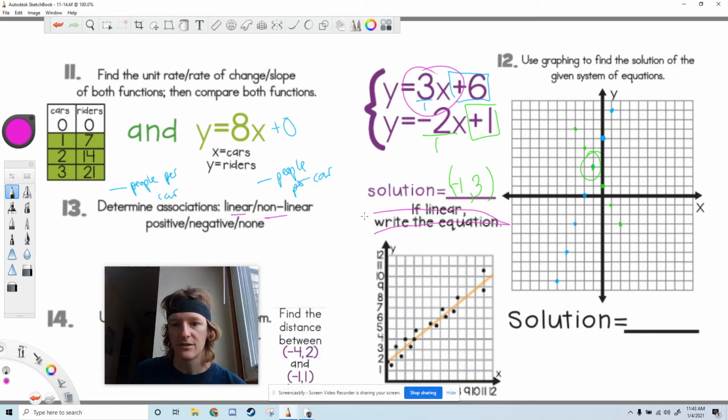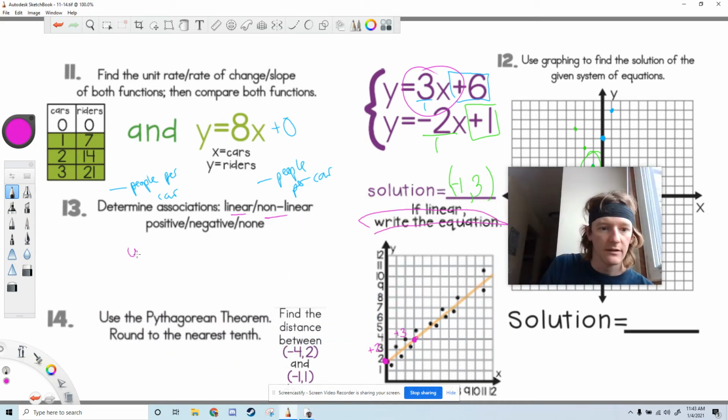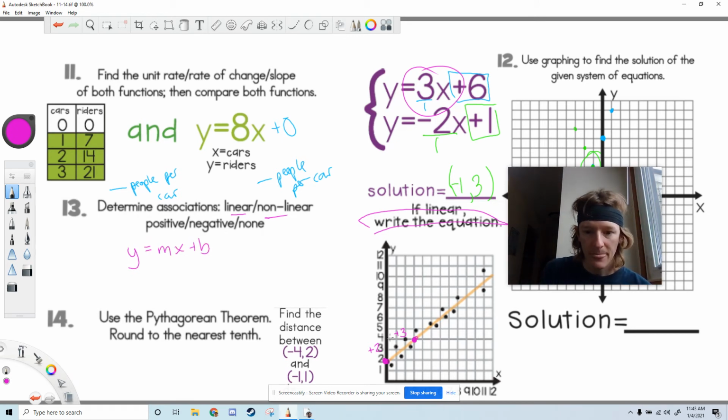So if this is linear, we need to write the equation. So we start at 2. And here's another point that we could measure. So how far up do we go and how far over do we go? We go up 2 and we go to the right by 3. So our equation in the form y equals mx plus b, our slope is up 2 over 3.